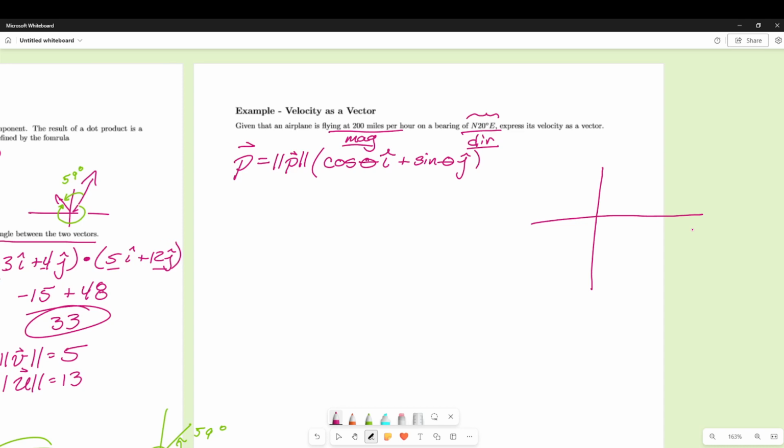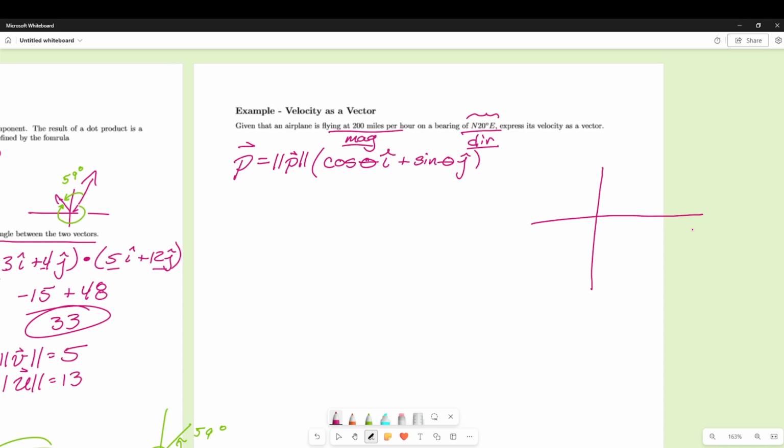So you can measure from north if you want to, as long as everything's measured from north. You can measure from east if you want to, as long as everything's measured from east in any particular problem. So I tend to recommend at this kind of stage in your experience, measure everything from standard position.